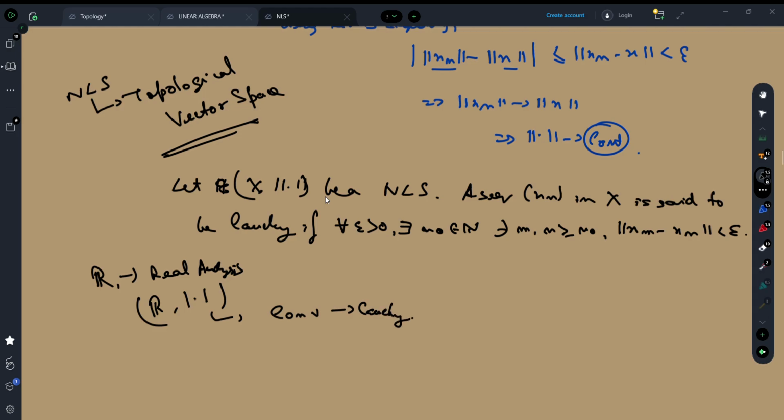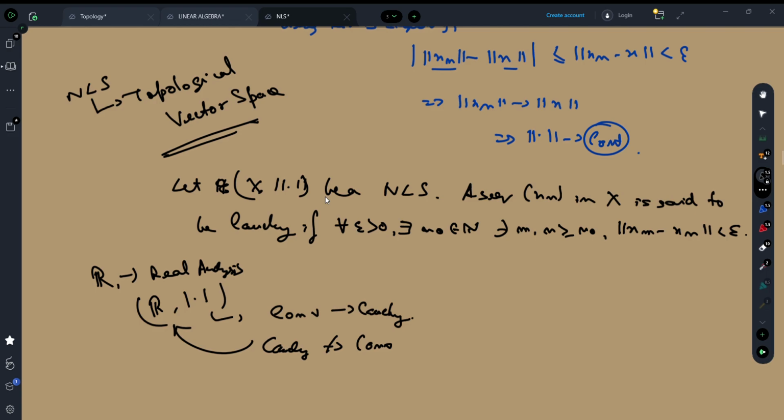But the converse is not true: a Cauchy sequence need not be convergent. It was true in the case of R, the real field with the absolute value function as the norm. In real analysis, every Cauchy sequence is convergent, right?